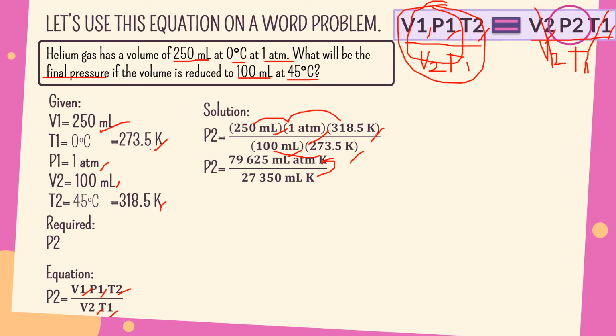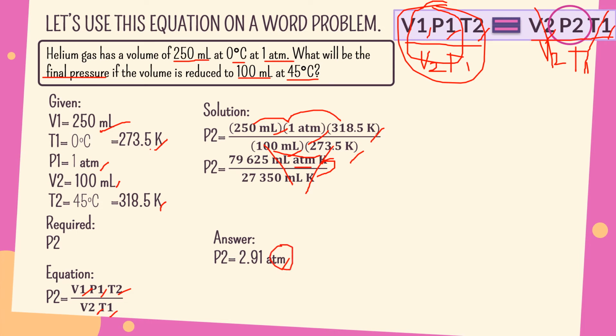So 79,625 divided by 27,350, and we will have the answer of 2.91 atmosphere. Now we get the unit atmosphere because we need to cancel out the Kelvin and the ml to leave the atmosphere as a unit.